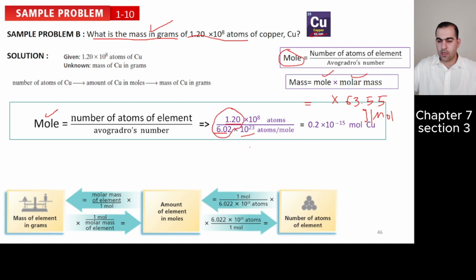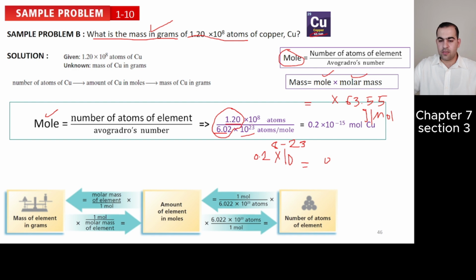Just do this. It equals 0.2, then times 10 to the power, 8 minus 23, it equals negative 15.